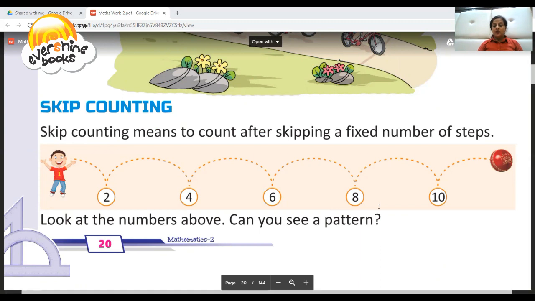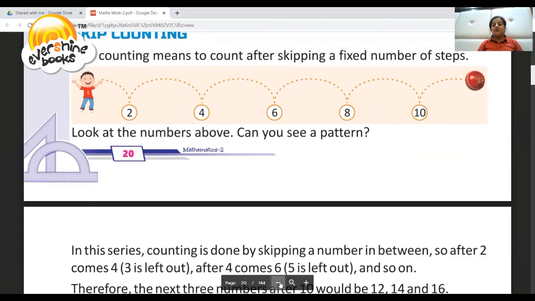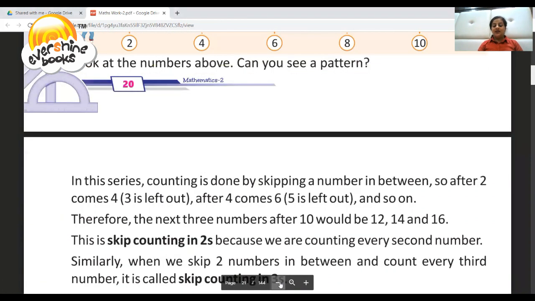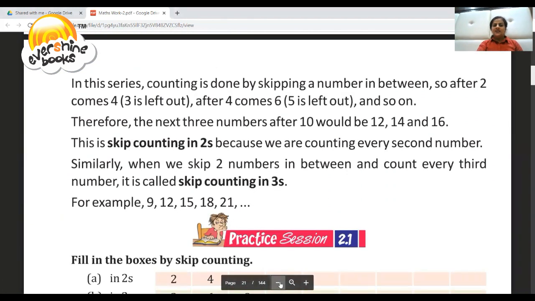It is leaping. It is skipping one number and going to another number. So, in this series, counting is done by skipping a number in between.